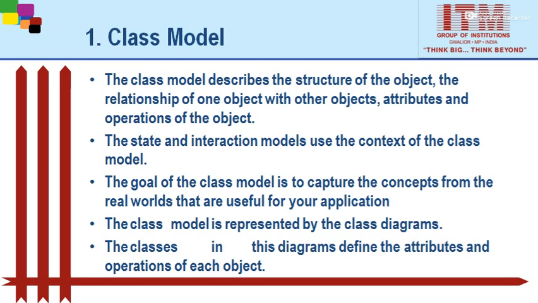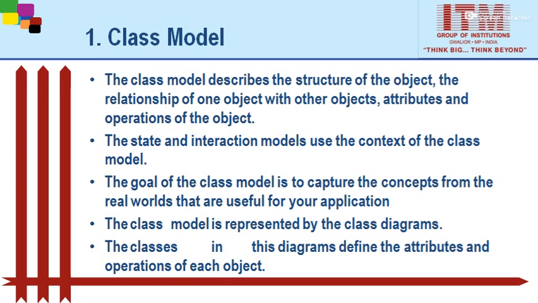The state and interaction models use the context of the class model, and the goal of the class model is to capture the concepts from the real world. It is used to capture the real world environment, which helps you to understand the problem more clearly.